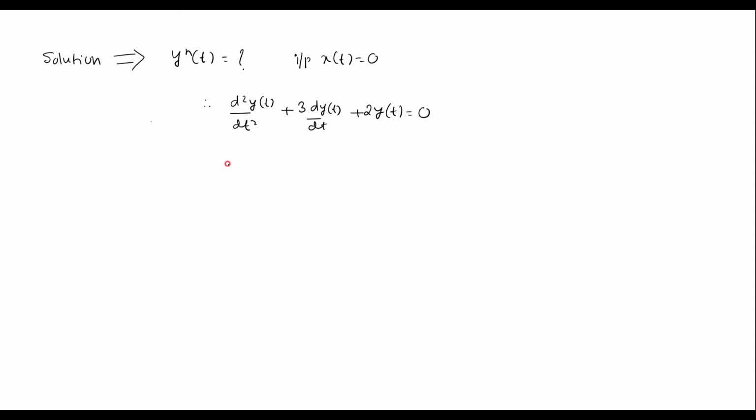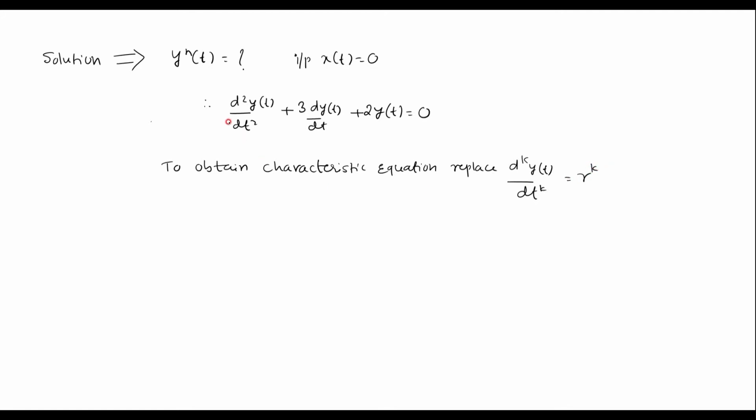So now we'll write the characteristic equation. With the help of the characteristic equation, we can find the roots. To obtain the characteristic equation, replace d^k y(t)/dt^k by r^k.